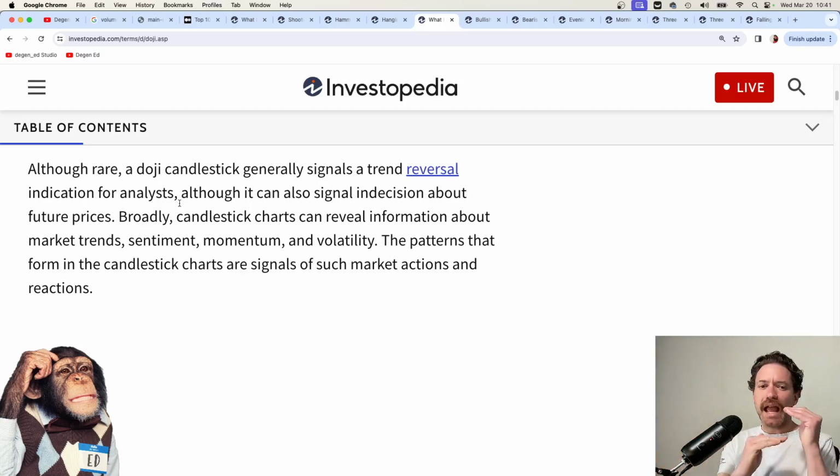It's just that rather than having a bodied candle, you have those closing and opening prices right around the same price. So it's like a spinning top, but there's no height to that candle. The pattern that forms in the candlestick charts are signals of such market actions and reactions.